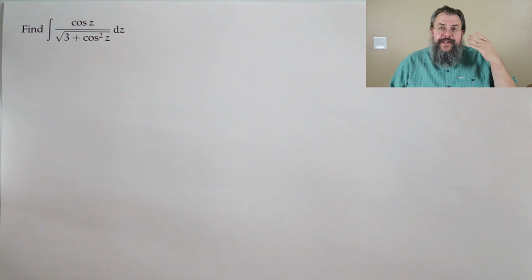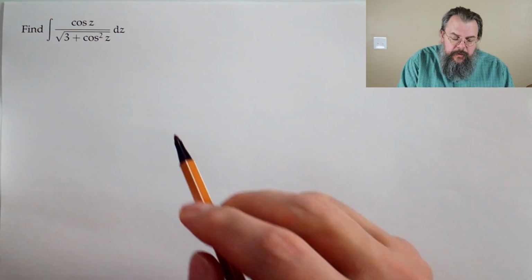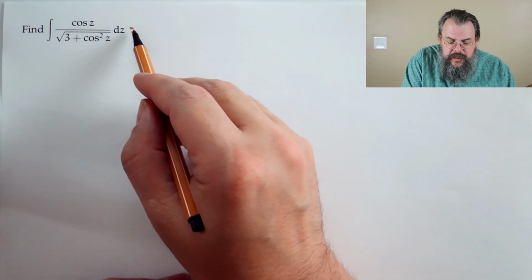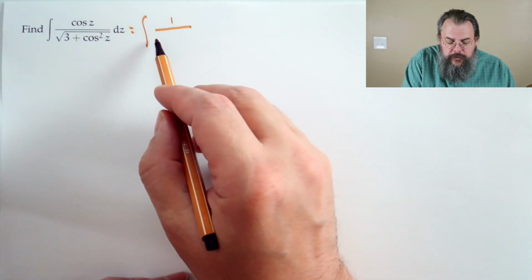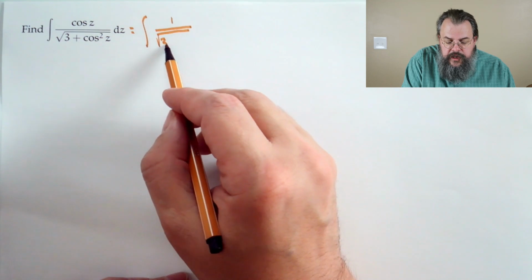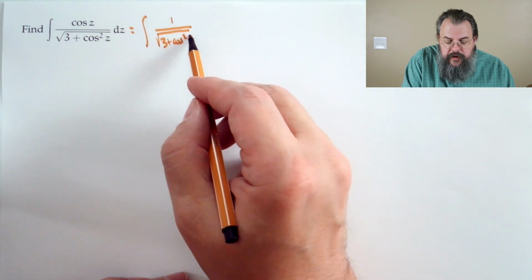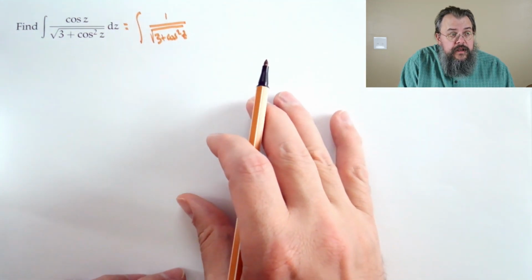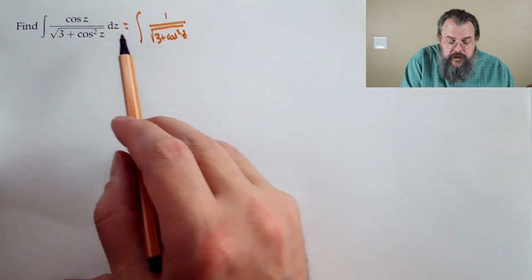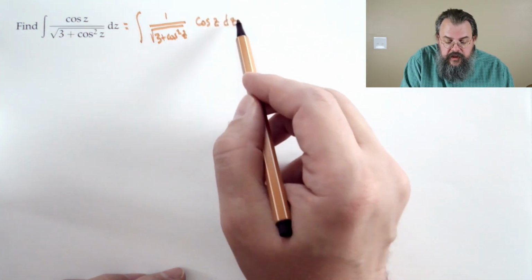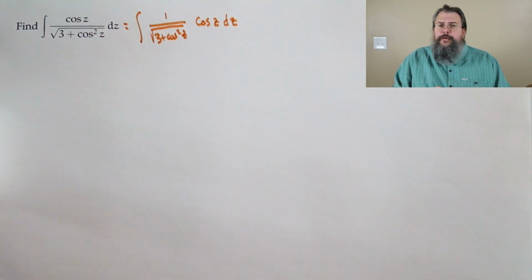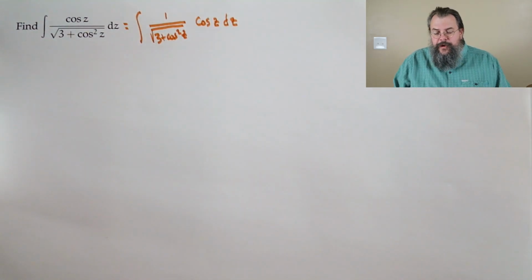So mentally in our mind, we would say, this is the same as writing the following: 1 over the square root of 3 plus cosine squared z, and then put that cosine z on the end. So cosine z dz.